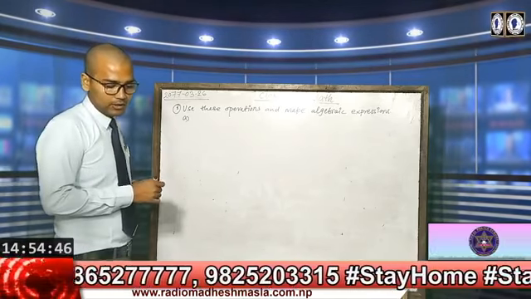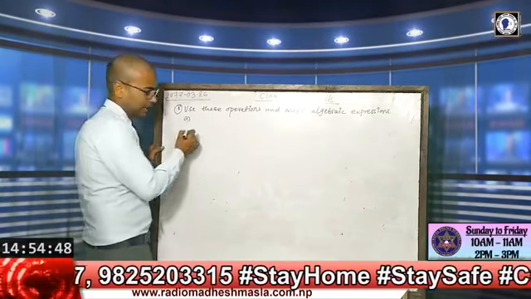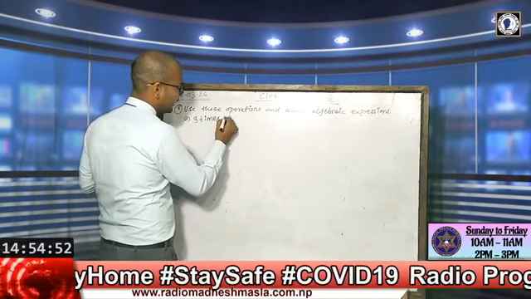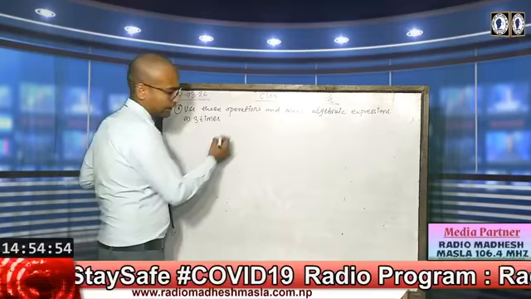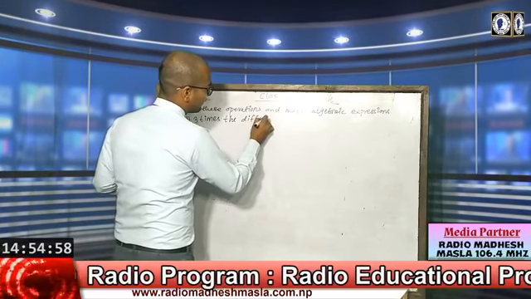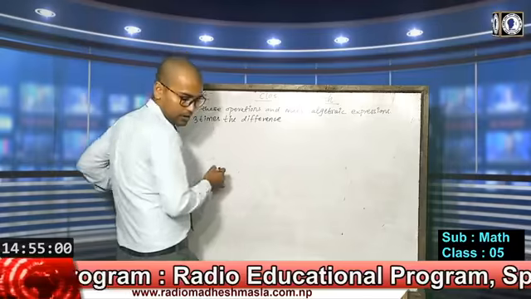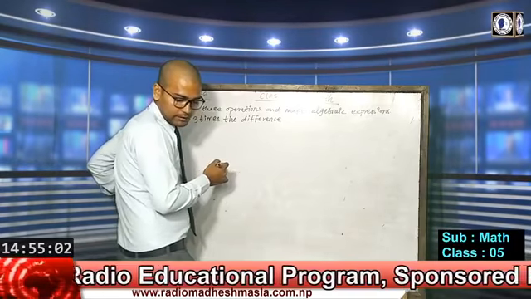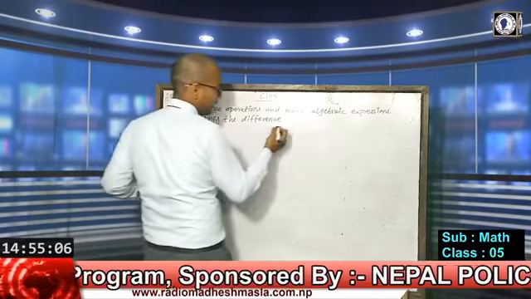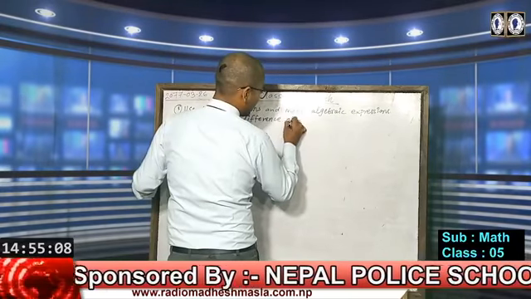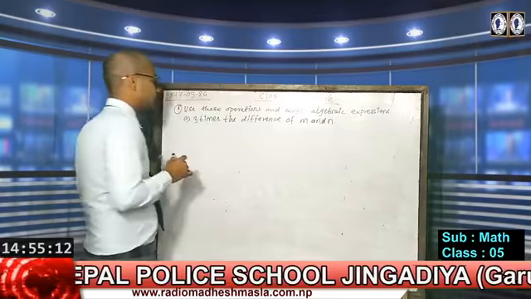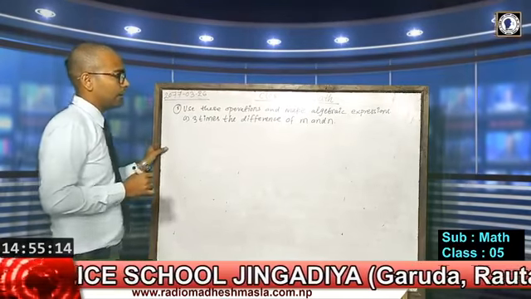Our first question is: 3 times the difference of m and n.